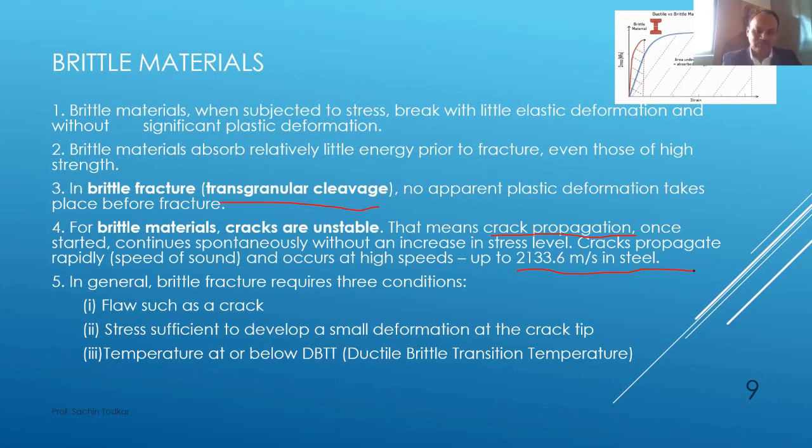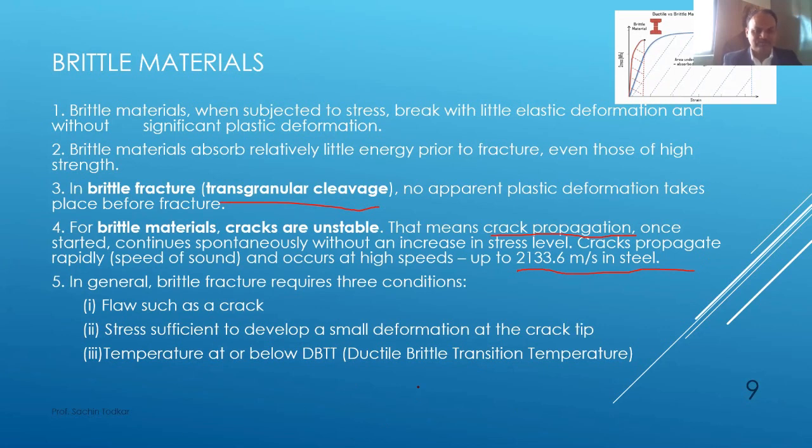So this brittle fracture is very much dangerous, because we cannot prevent it. We have to do preventive maintenance for checking the cracks. That is only in our hand. Okay.